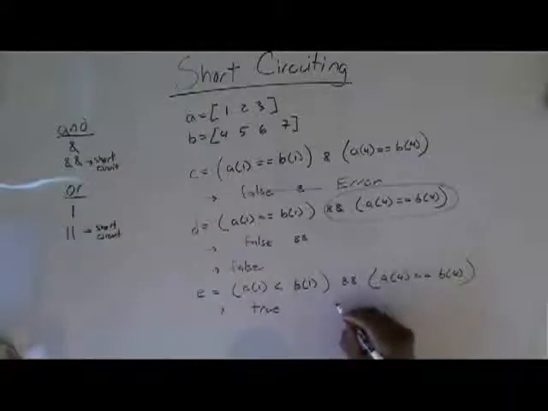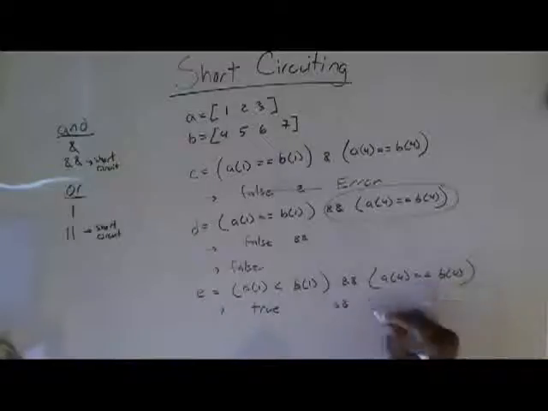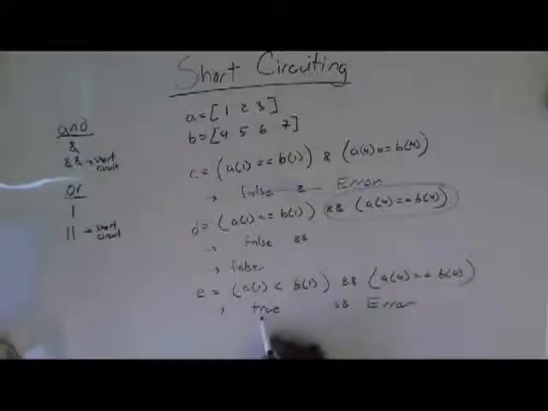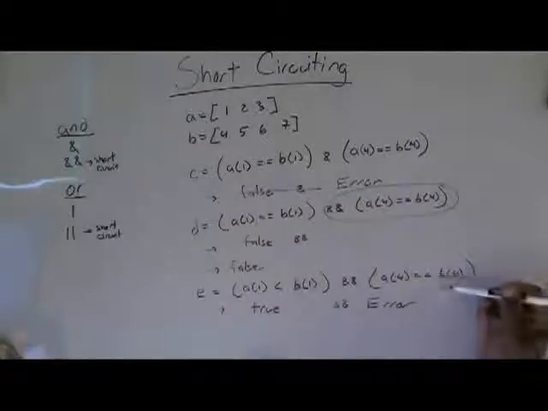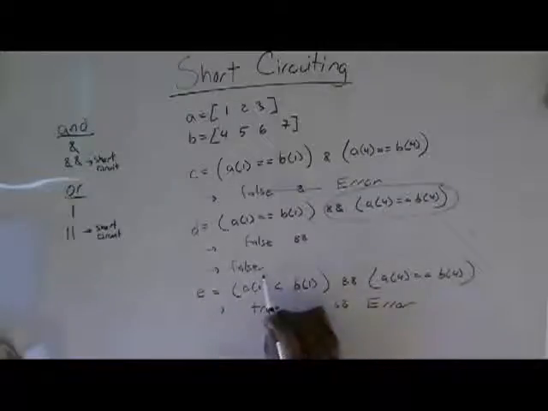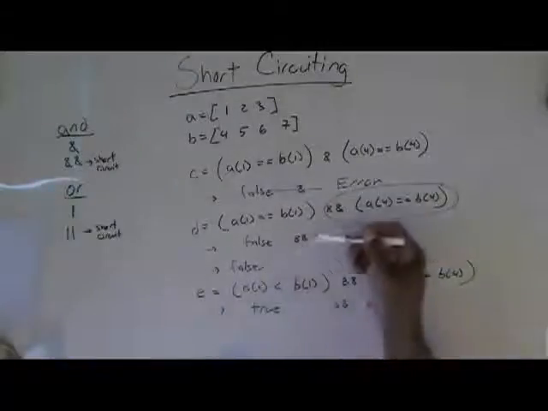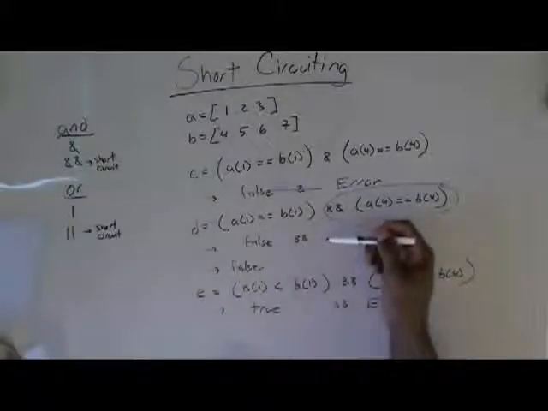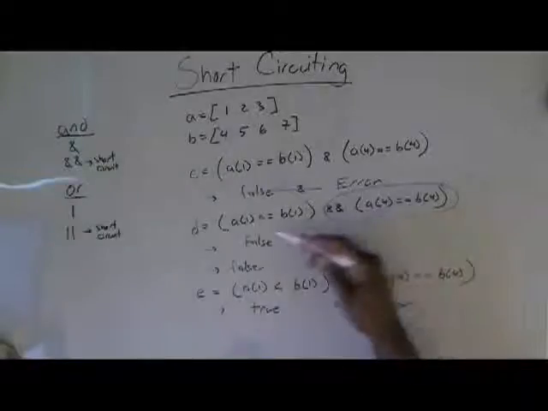So that means that this is going to evaluate, and this would actually give me an error, because I need to evaluate this second statement. In order for an AND statement to be true, everything has to be true. In contrast, back to the short circuit case in D, once you get a false, you're done.